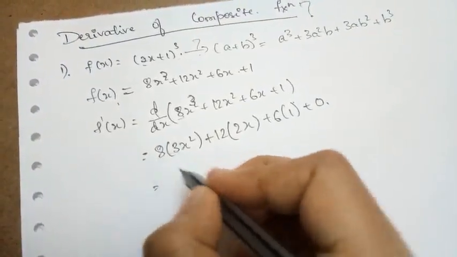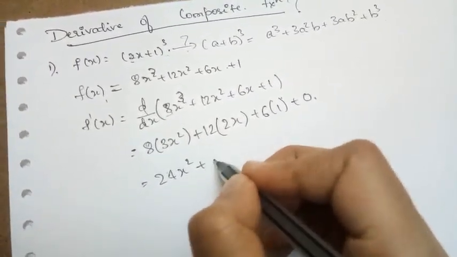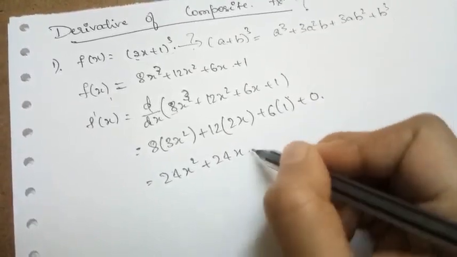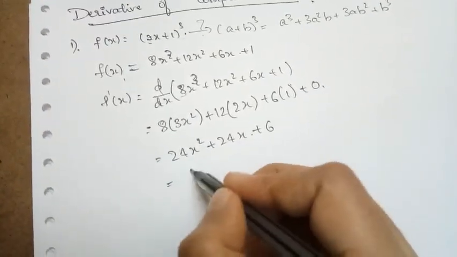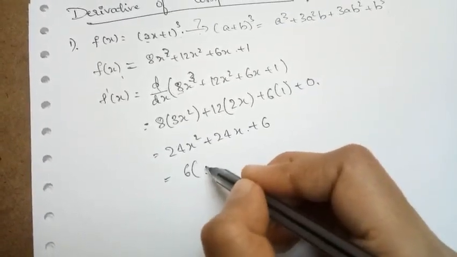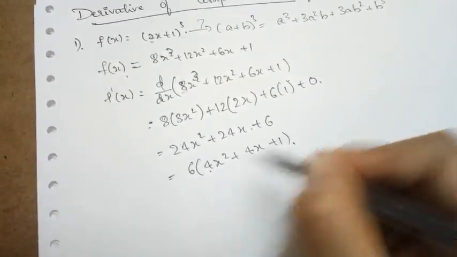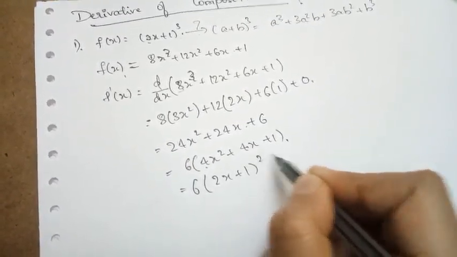So 8 times 3 is 24x square plus 12 times 2 is 24x plus 6. Taking 6 common outside, we get 6 times (4x square plus 4x plus 1), and this is nothing but 6 times (2x plus 1) whole square.